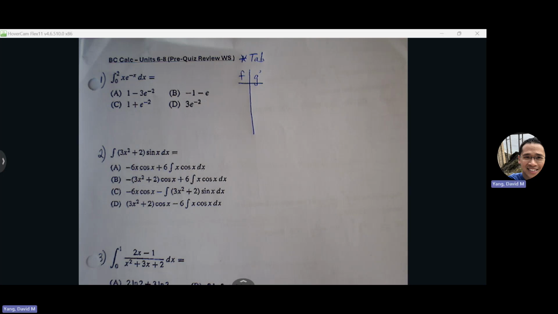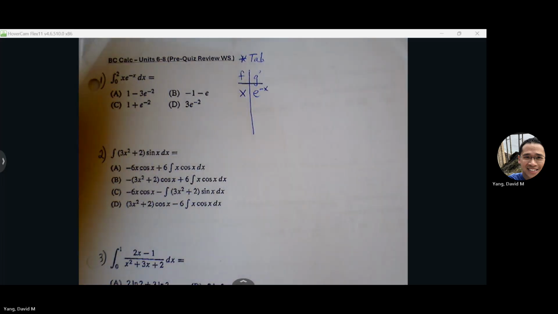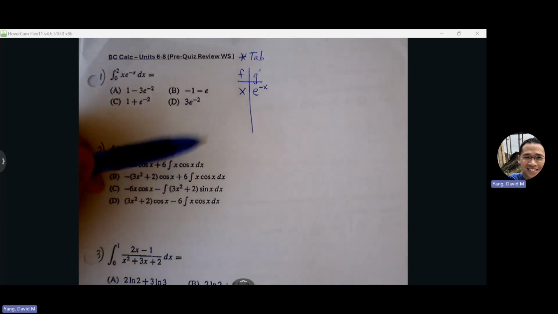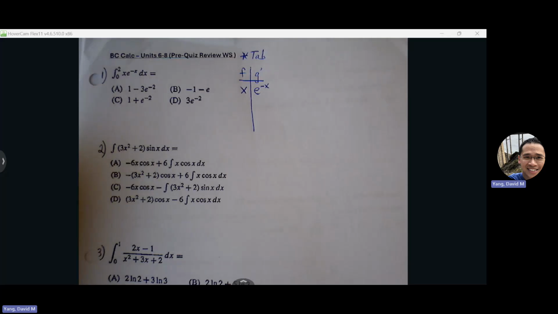Right, so your f is going to be your x, and your g prime will be that exponential portion. Again, we could do it the other way as well. I just picked tab for this because we have to do something else for number 2. Just want us to see the different varieties.